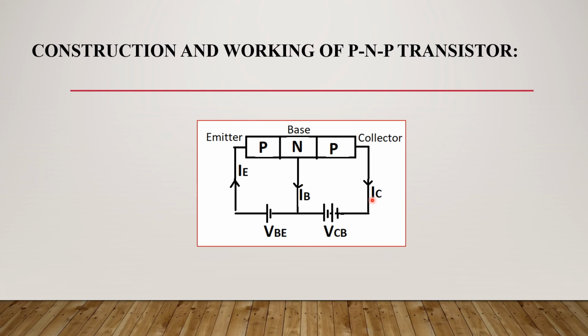Okay, and IC is equal to beta times IB, where beta is the gain. So from this we can say the NPN transistor can replace the PNP transistor in an electronic circuit, and the only difference is the polarities of the voltages and the direction of flow of current.